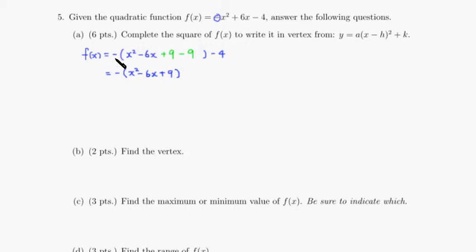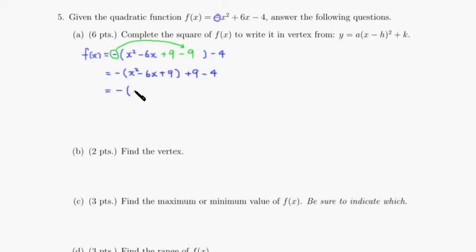Distributing it to the negative 9, it becomes positive 9 outside, and then this is minus 4. It's still there.